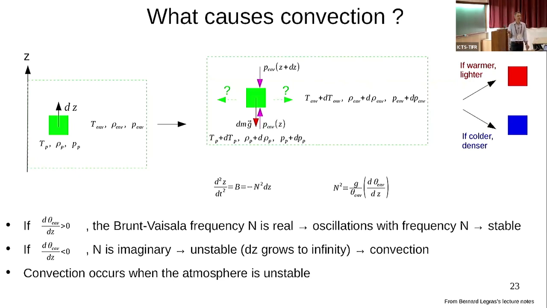I think the idea is very simple, and this is probably what you said: convection occurs when the atmosphere is unstable. Whether you say it's the variation of temperature or that it's unstable, this is all good. It's very easy to write down just with Newton's second law, and the Brunt-Väisälä frequency is the ally to understand this.